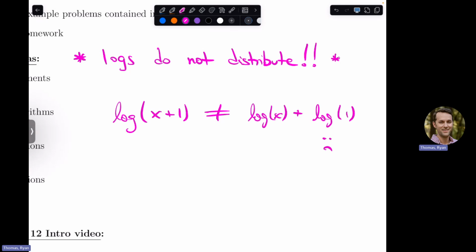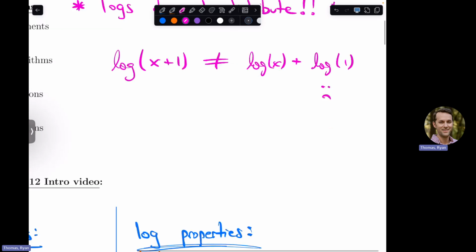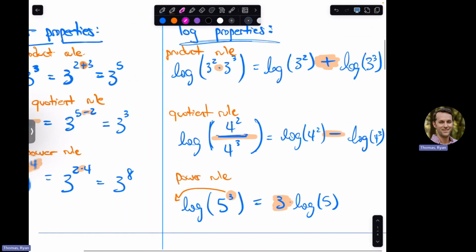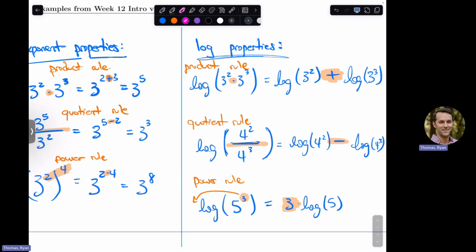Okay, so the upshot is that logs don't play nicely with addition or subtraction. They don't split up over that. They don't distribute. They don't give us a way to simplify anything involving addition or subtraction in the argument of the log. But they do a lot of cool stuff with multiplication and division.